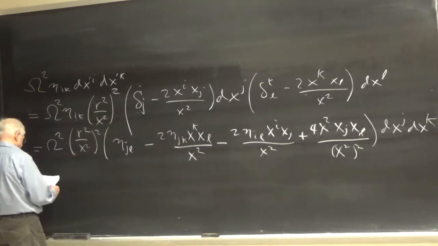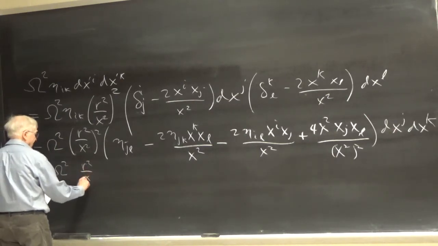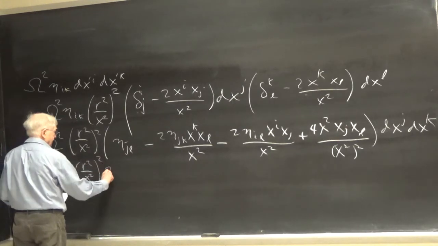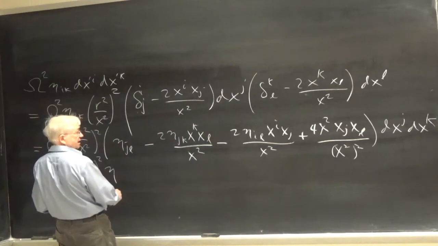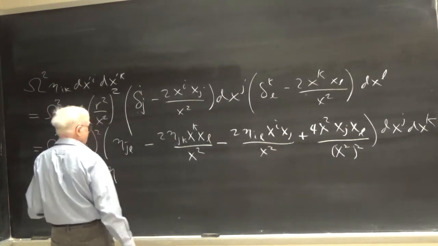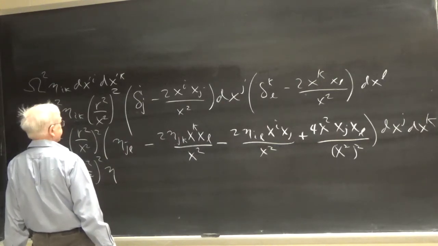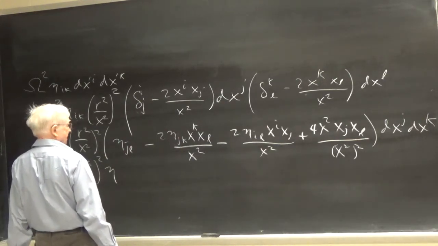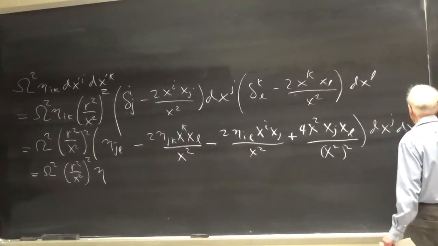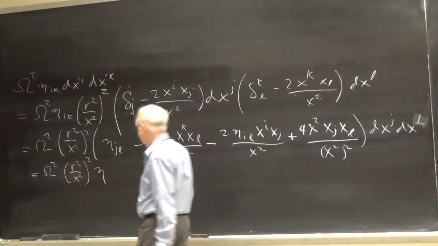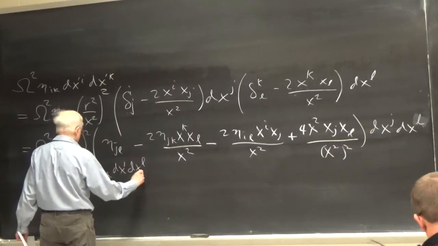And so this is just omega squared, r squared over x squared, squared, eta_jl dx^j dx^l.